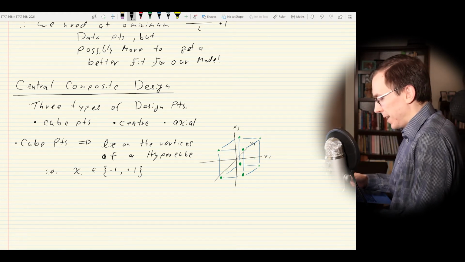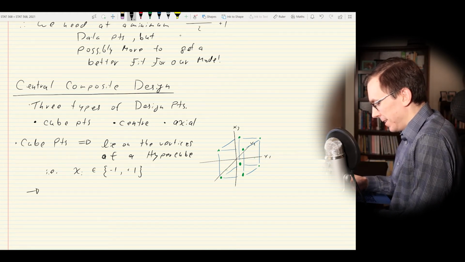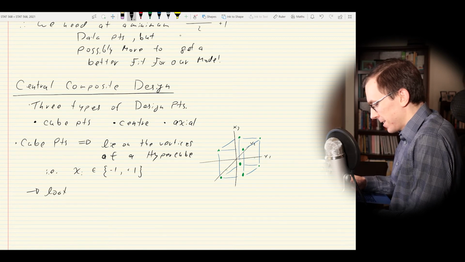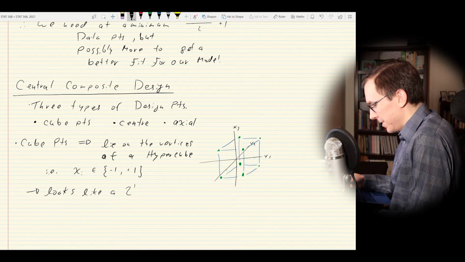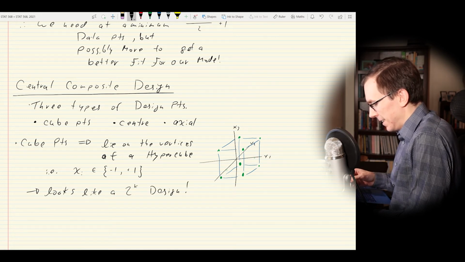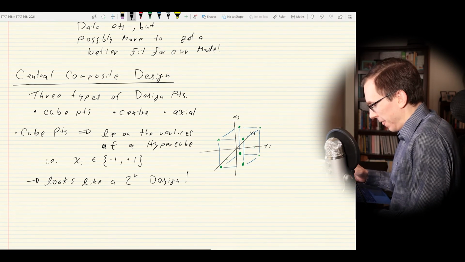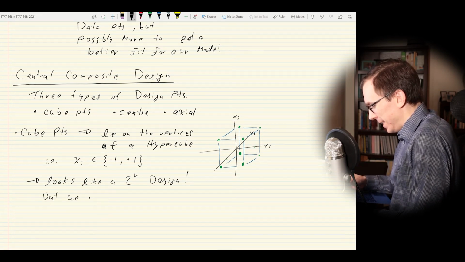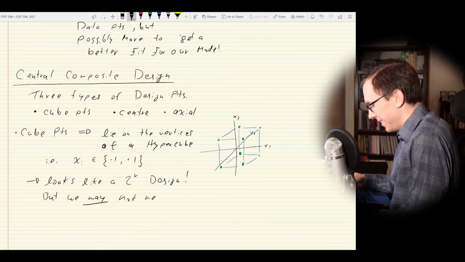So things to keep in mind. This looks like a 2 to the k design, but we may not need all of them.